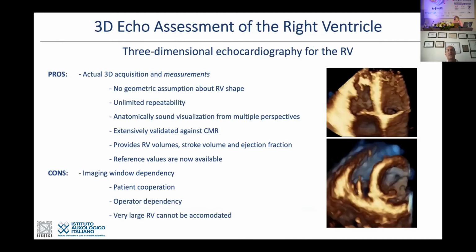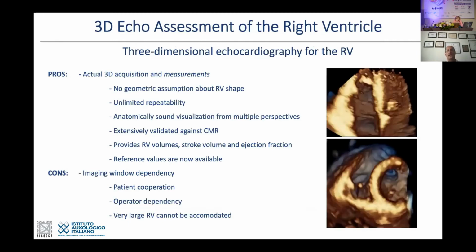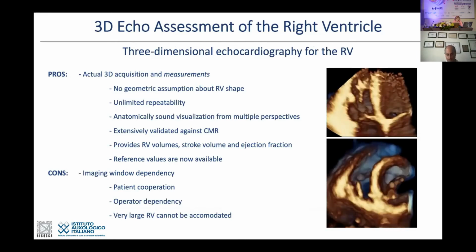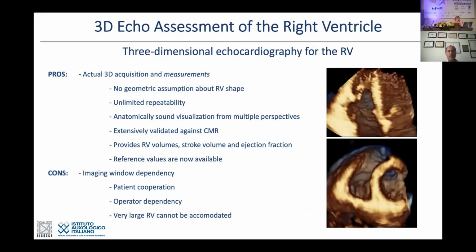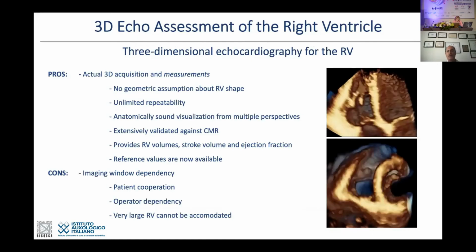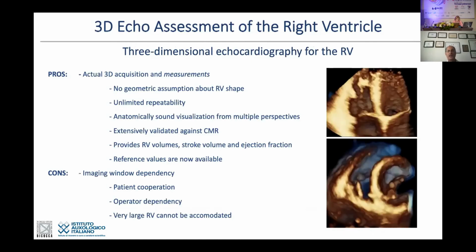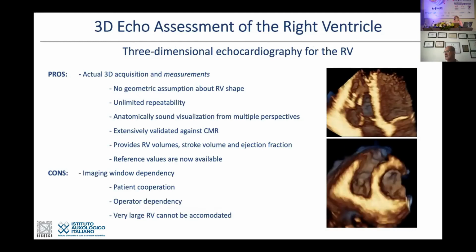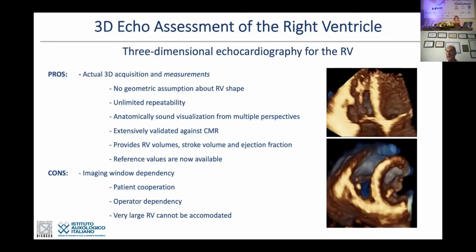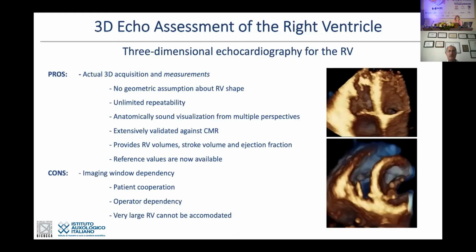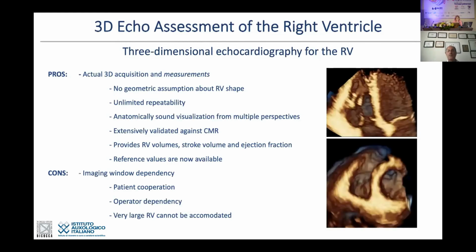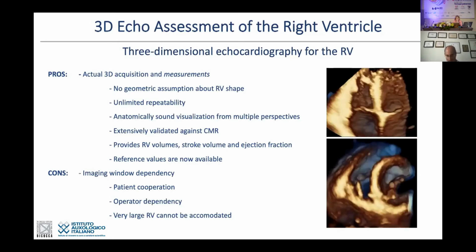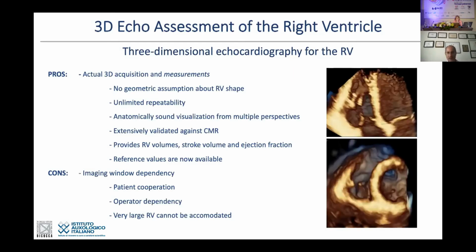With three-dimensional echocardiography, we have actual 3D acquisitions that provide the possibility to measure volumes and function without any assumption about the shape. We can repeat this exam many times at the bed of the patients, and we can measure volumes and ejection fraction, and we will see in a moment that those measurements are reliable and validated.